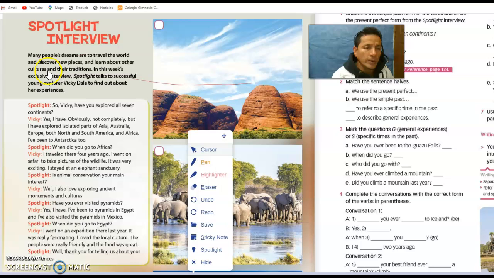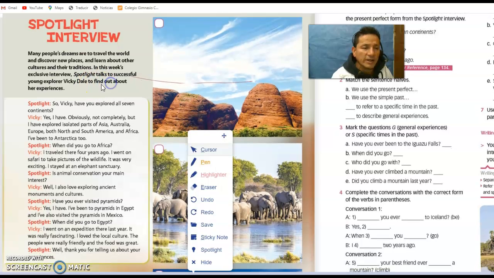Learn is a verb, and what else? You have John explored, find out. This find out you underline. So in the reading, underline the verbs. Have is a verb. Explored is a verb. Have explored, yes.